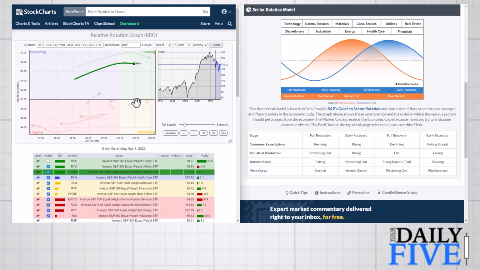They are moving further into the leading quadrant, but more importantly, we have healthcare, which is right here, that is starting to push into the improving quadrant towards leading. All in all, I do believe that there are enough reasons, and these 5 charts will confirm that, to be very, very cautious with the current state of the US stock market.